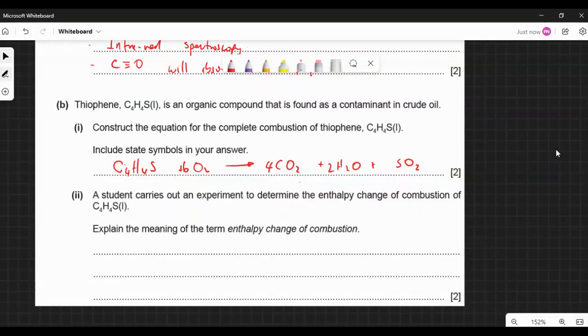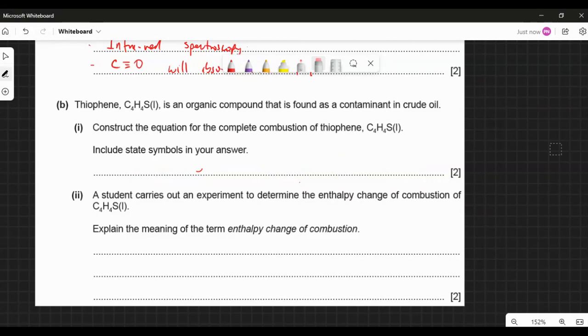Thiophene is an organic compound that's found as a contaminant in crude oil. Construct the equation for the complete combustion of thiophene. All right, anything with thio in has sulfur in. Let's do it again because it looks complicated, but it's not.